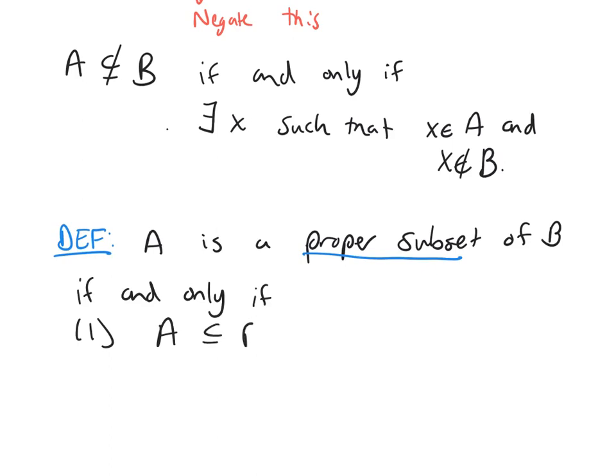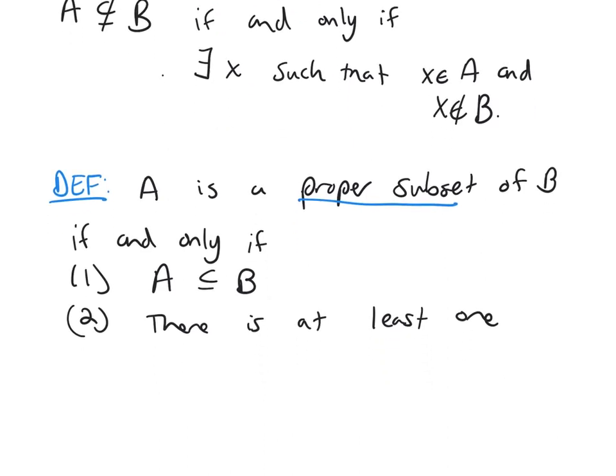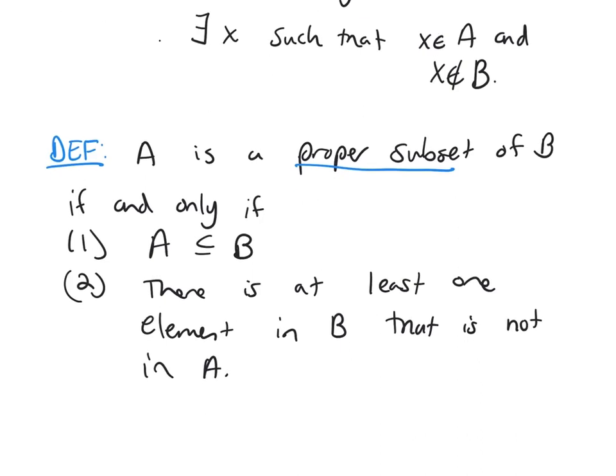First, A needs to be a subset of B, and the second condition is that there is at least one element in B that is not in A. So in some way you can think of B as being larger. It has an element that's not in A.